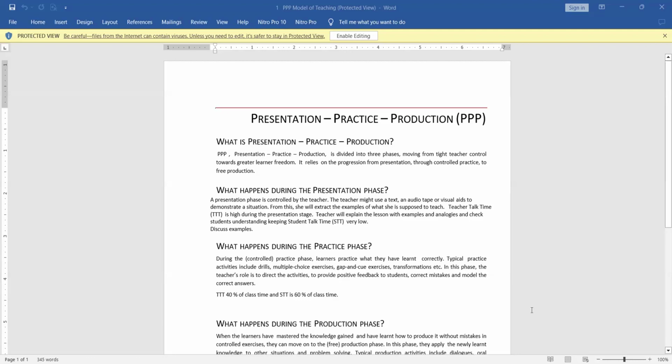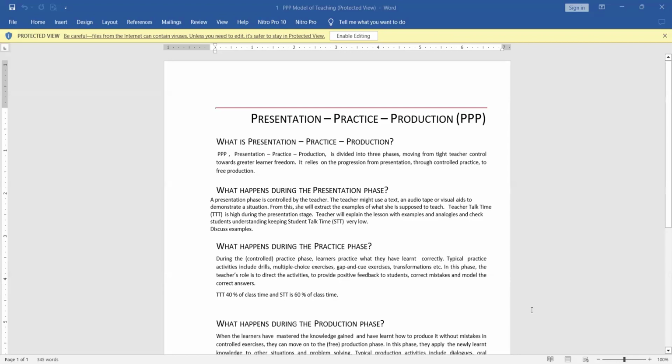So it is actually for the novice teacher. Novice means new teachers. For novice teachers, it is a bit tiring, it's a bit challenging.